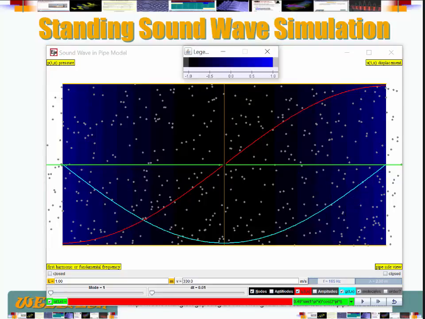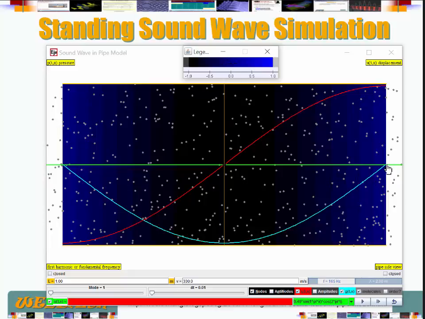In addition to this curve here, we have this color code. Notice here the legend for the color code. Black represents a maximum amplitude. Here it's normalized to -1. Blue, very clear blue, is a maximum amplitude of +1, normalized amplitude of +1. And here is the zero amplitude, somewhere in between.